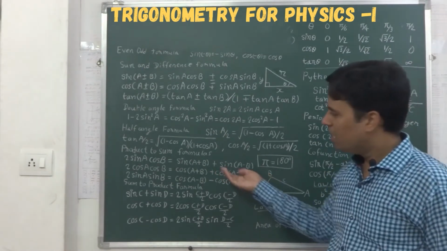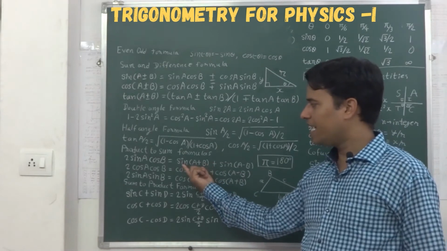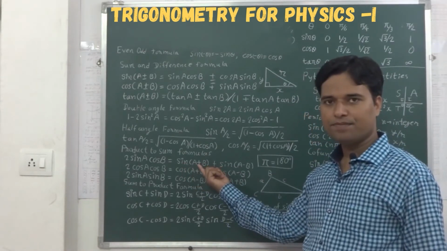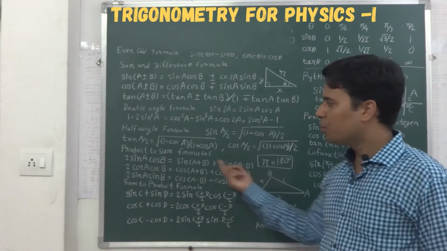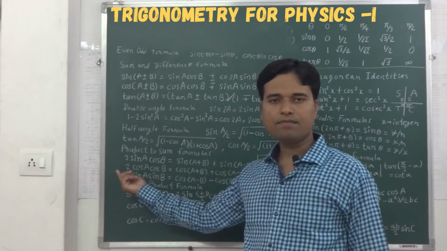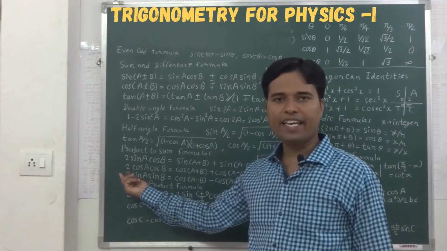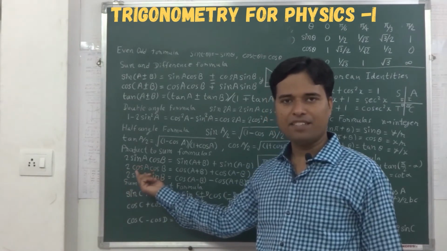Otherwise, if you want to get sine of a plus b minus sine of a minus b, you will get here 2 cos a sin b.